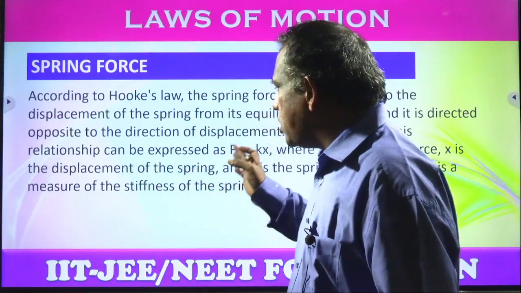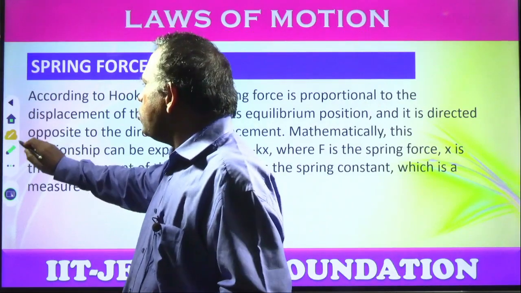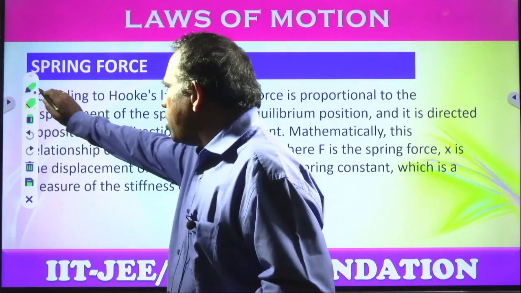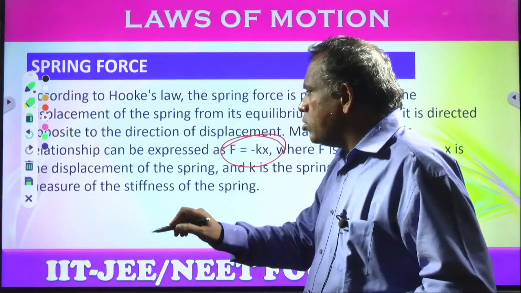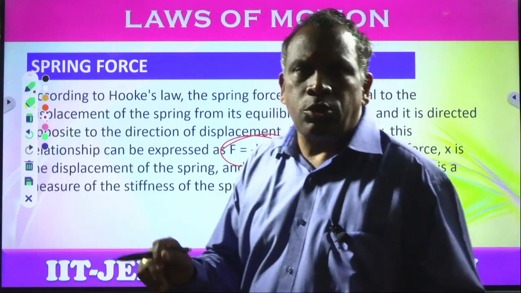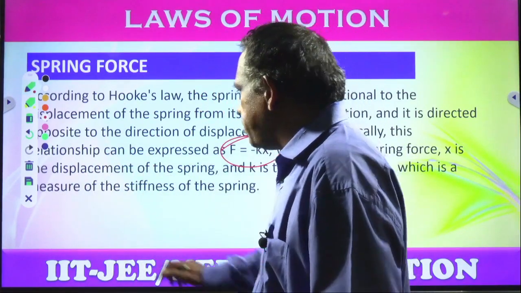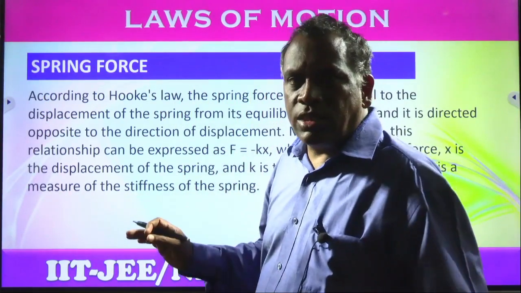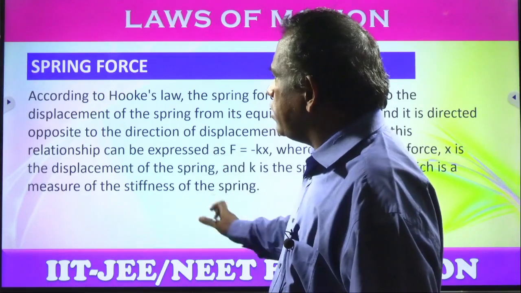So this law is F equal to minus kx, and we use this formula in mechanics. The force is directly proportional to displacement. Here k is called the spring constant, and x is the displacement or extension of the spring.